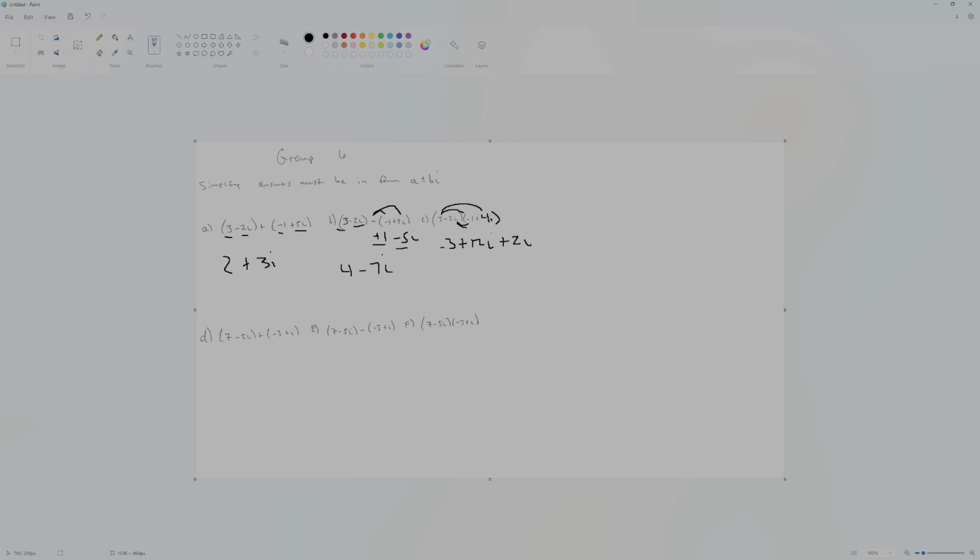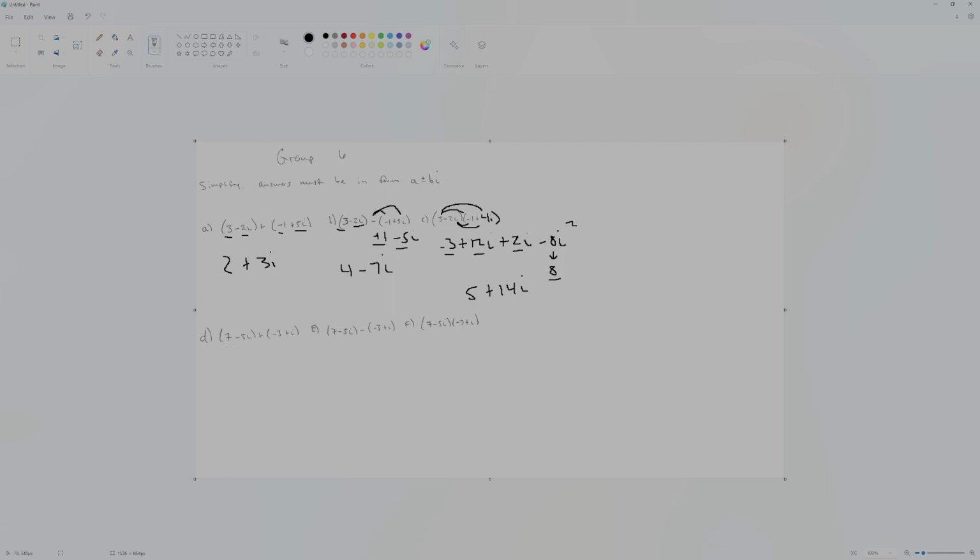And then negative 2i times 4i would be a negative 8i squared. But whenever you see an i squared, that means that this becomes, instead of a negative 8, a positive 8, and the i goes away. So negative 3 plus 8 makes it 5. 12i plus 2i makes it a 14i.